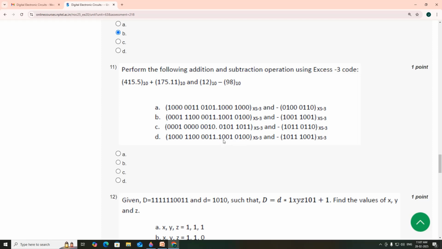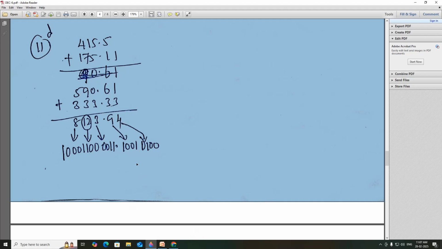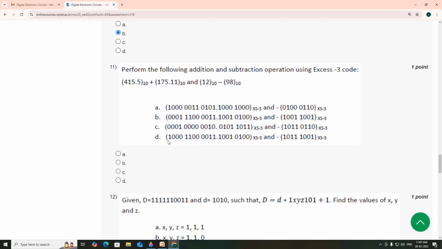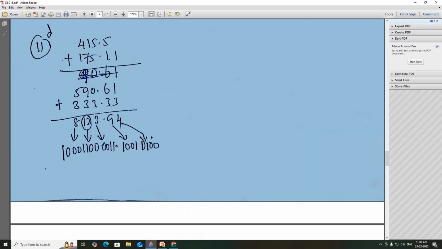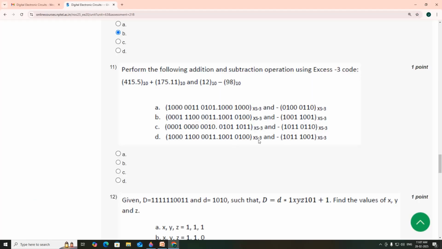Now what we can find is the answer, which is 4, so it is option D. Similarly, you can find it for subtraction.